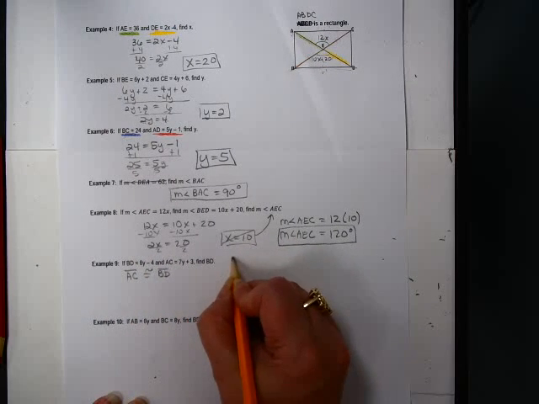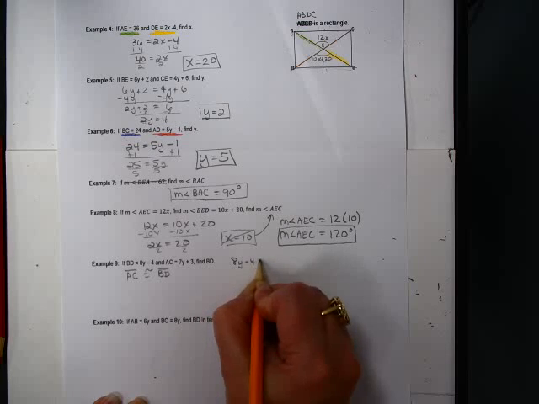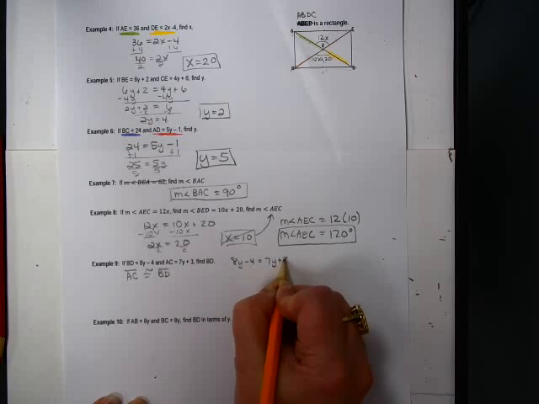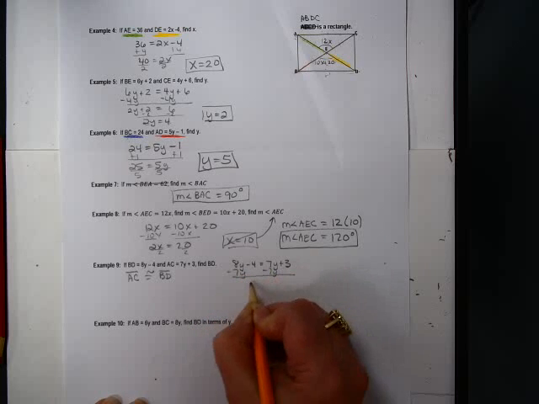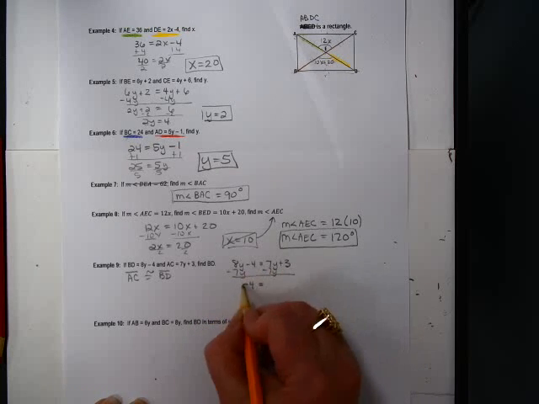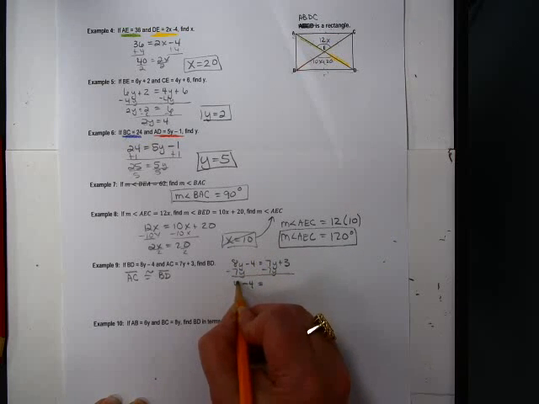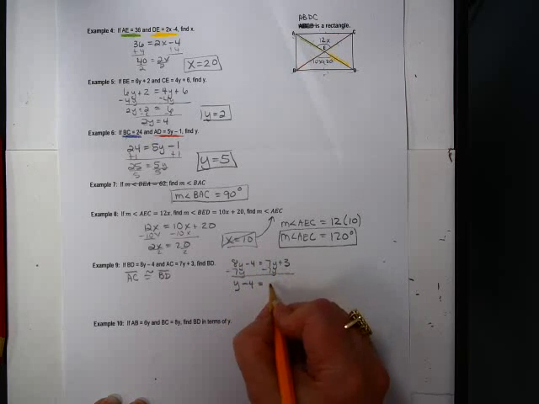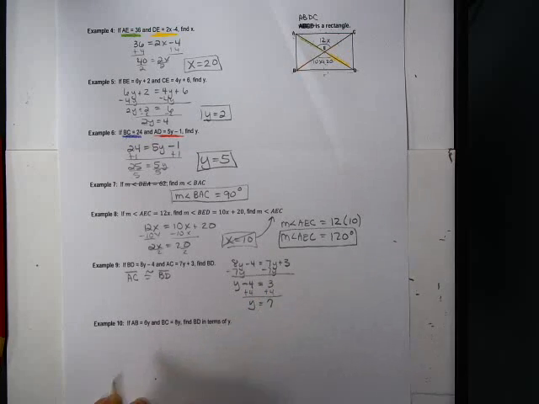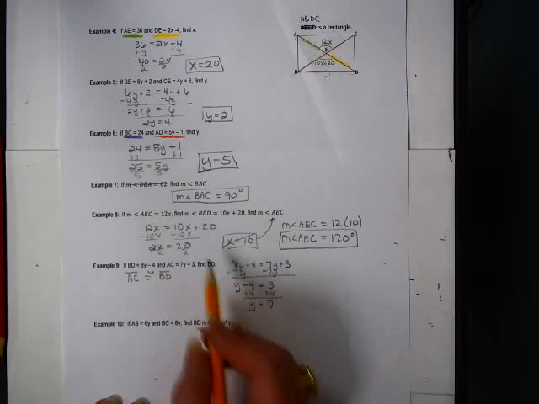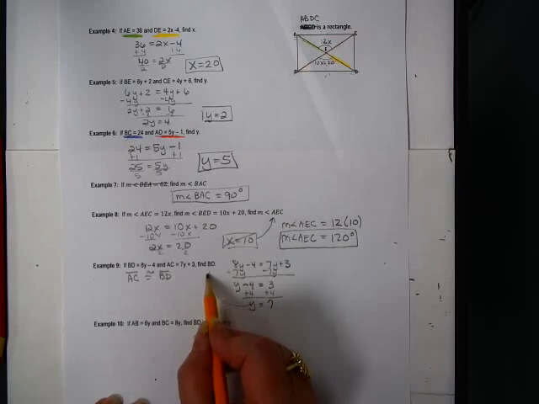That means that 8y minus 4 must equal 7y plus 3. Subtract 7y from both sides. I get a y minus 4 on the left equaling a 3 on the right. Now add 4 to both sides. I get y equals 7. But they didn't ask me for this. They asked me to find BD.